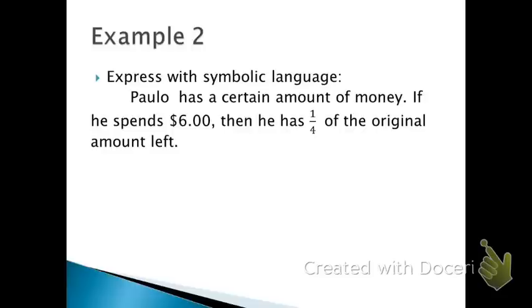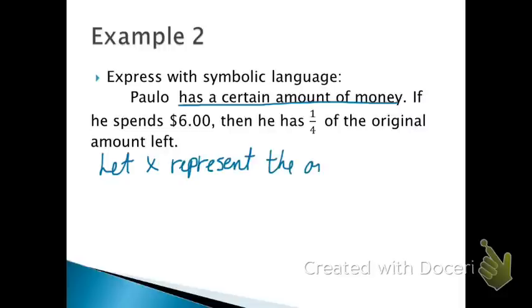Okay, so Paulo has a certain amount of money. We don't know how much money he has, so that's a pretty good clue that that's our variable, the certain amount of money. So we're going to let X represent the amount of money.